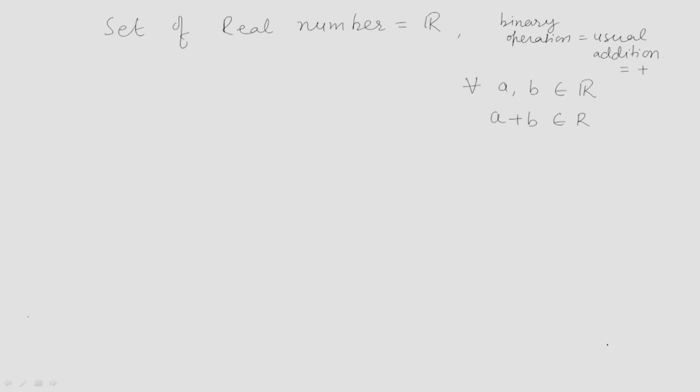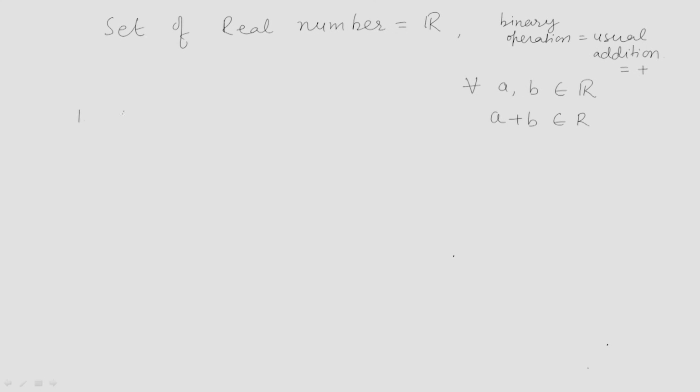Now, we have to see whether this set of real numbers under this binary operation forms a group or not. So, this is a binary operation. Now, we have to see whether the other three properties are satisfied or not. Number 1 property is the associative property.